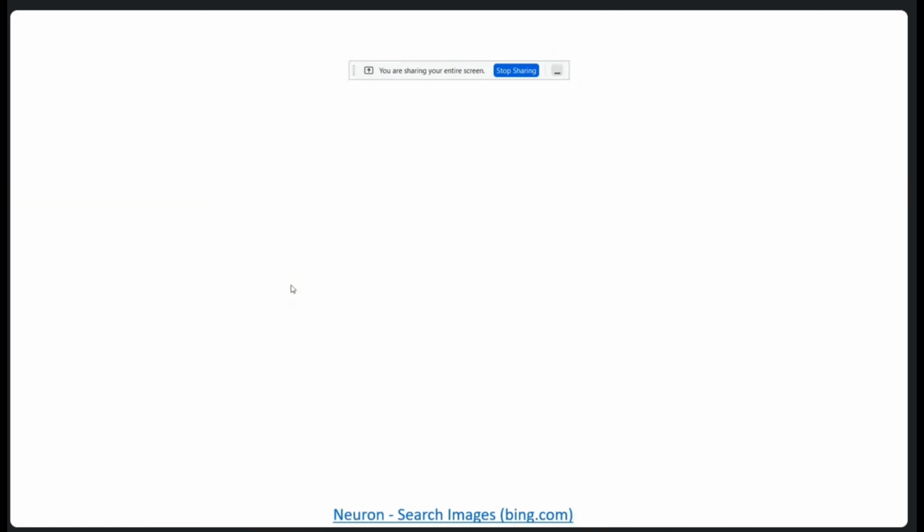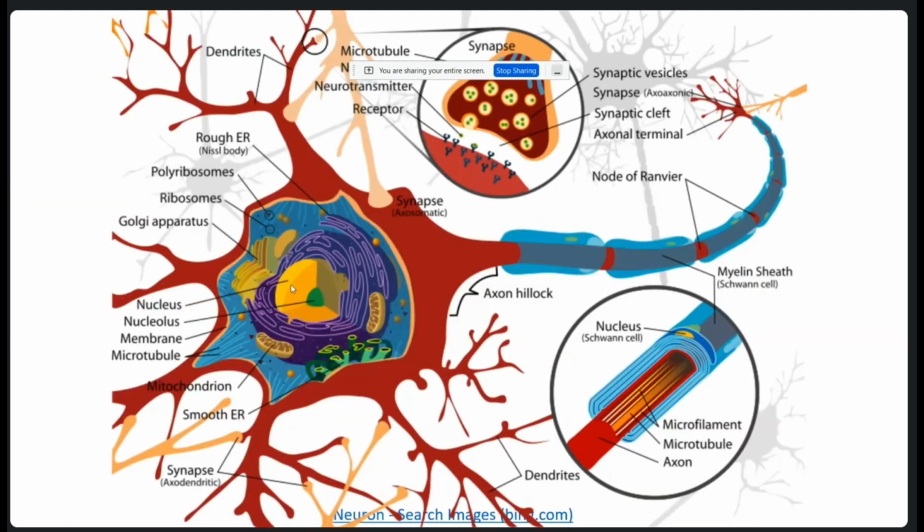Actually, what happens in the soma so that the neurotransmitter moves from left to right? Just come inside the neuron cell. What happens here? Inside neurons, a number of subparts, or subdomains, exist here.